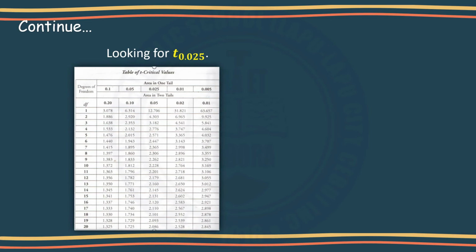So we are going to look for the intersection of the area in one tail, which is 0.025, and the value of the degrees of freedom, which is 11 in our t distribution. And their intersection is 2.201.